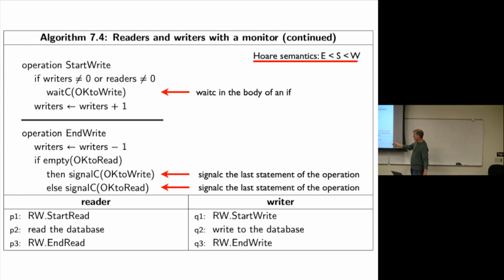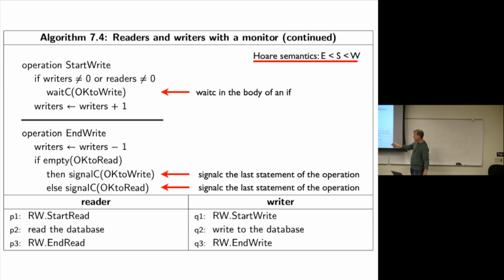Anytime a reader wants to read from the shared database, he executes this. RW stands for readers, writers. That's the name of our monitor. So the reader executes start read. We have to make sure that the reader code calls startRead in its code.